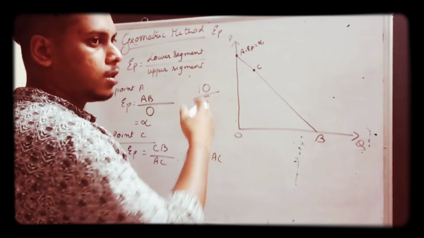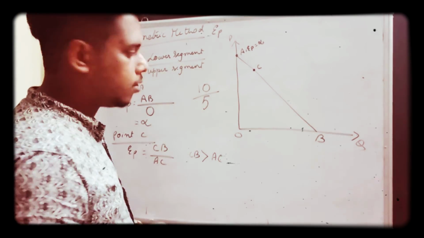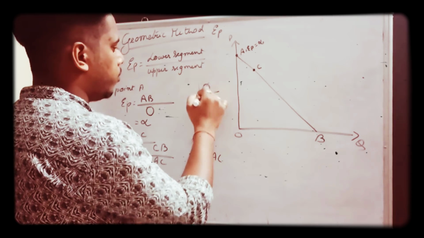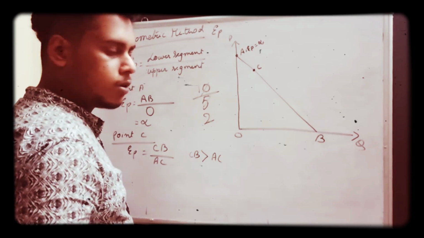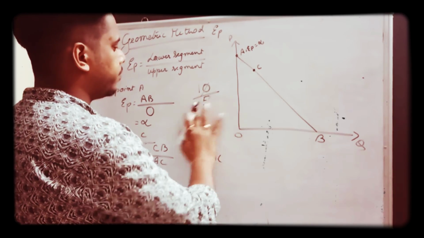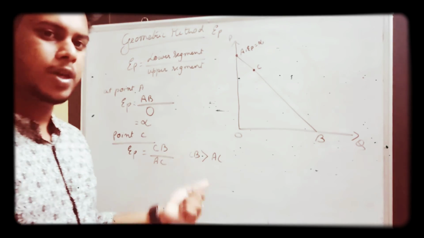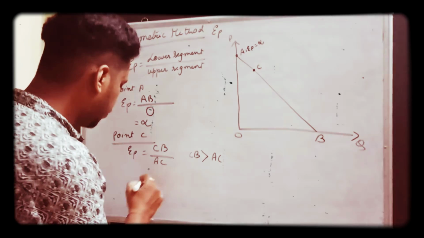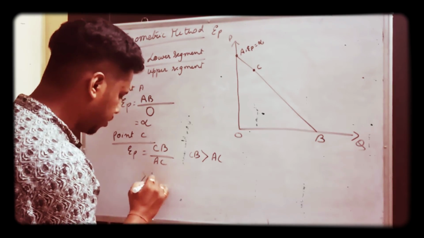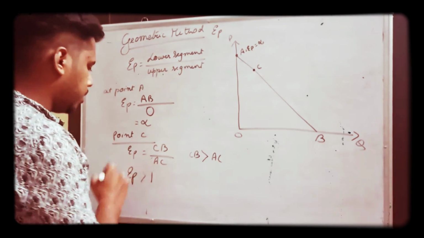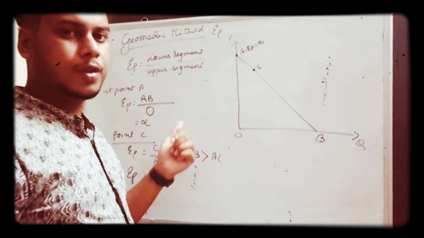The numerator is greater than the denominator, and if we divide we get 2. So whenever the numerator is greater than the denominator, the value of EP will be greater than 1.